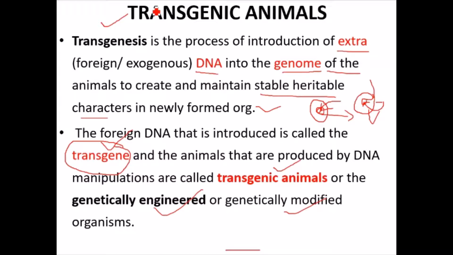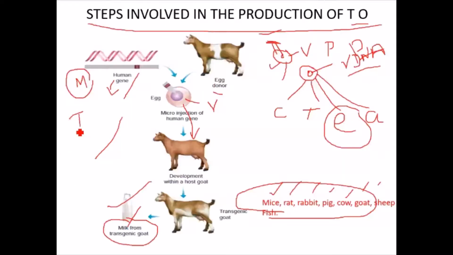Transgenesis is a powerful tool to study gene expression and developmental processes in higher organisms. By transgenic animals, we come to know the gene expression, whether it is a good gene to induce the organism to give more milk or not. Suppose a gene is responsible for synthesizing insulin; we can come to know whether the gene is suitable to induce an organism to produce insulin or not. So gene expression will be identified with the help of this technique.